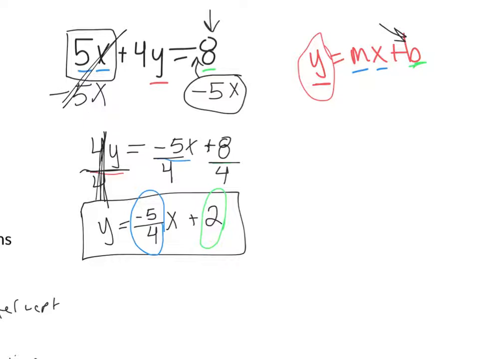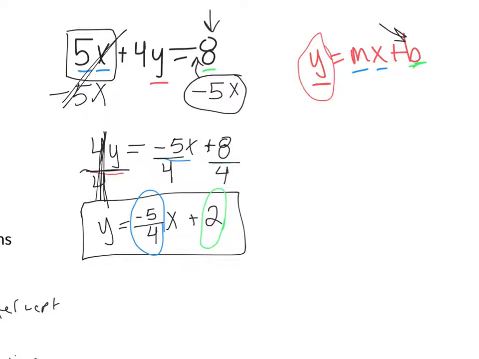So this would be a really easy equation to graph now. Or the other reason we sometimes like to put these in slope-intercept form is if you have two equations that you're looking at, you can very quickly compare them, see which one has a larger or a smaller slope, see where their y-intercepts are. So it's a good way to compare two equations and have them in the same format.